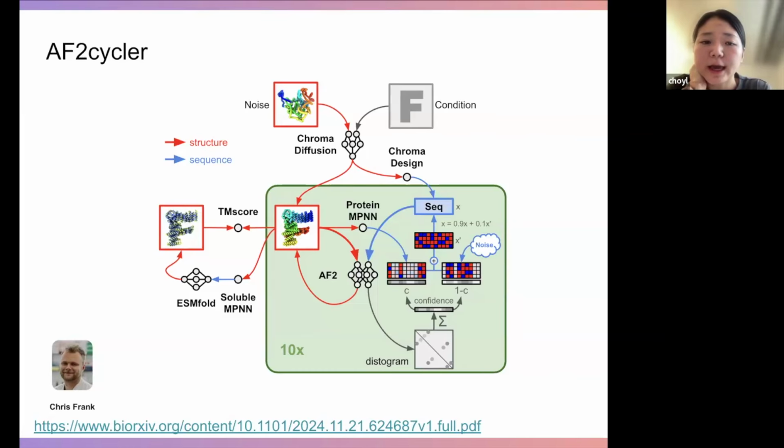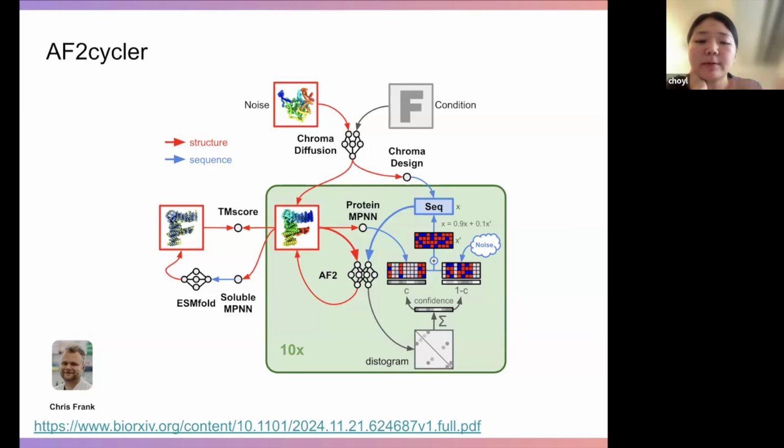But they actually get the initial design from the Chroma diffusion model and the initial sequences from the Chroma design pipeline, give them to the model, and make the prediction using AlphaFold 2, getting the per-residue confidence from the histogram contact loss. They redesign the residues that have really low confidence with ProteinMPNN.